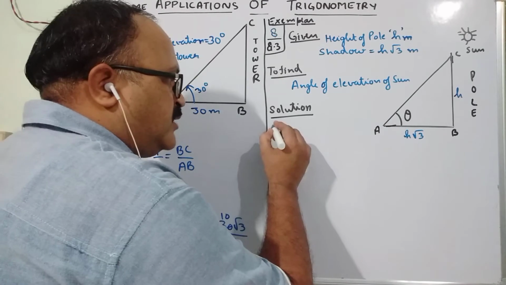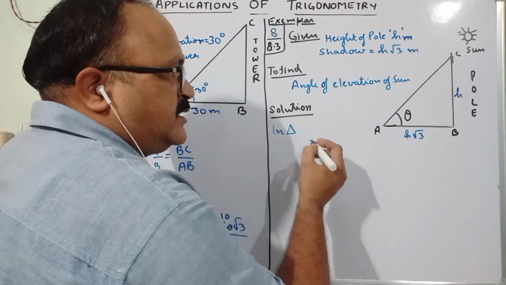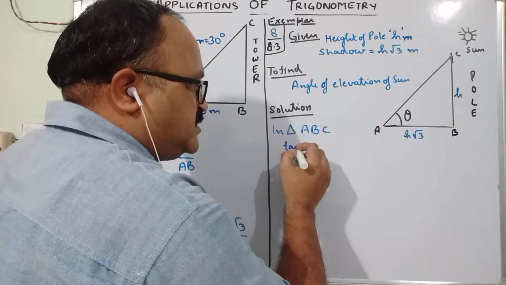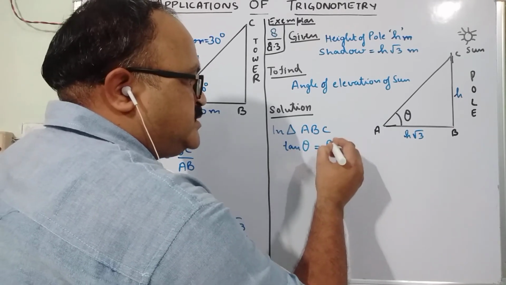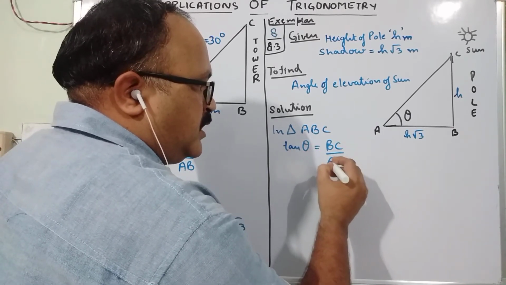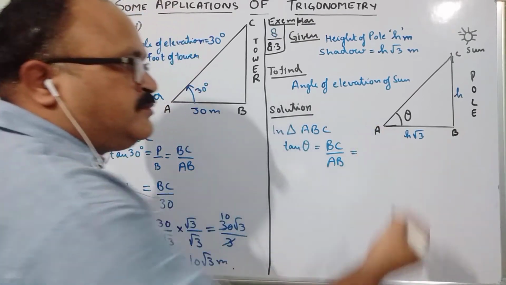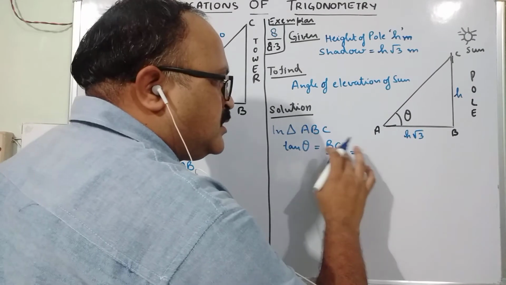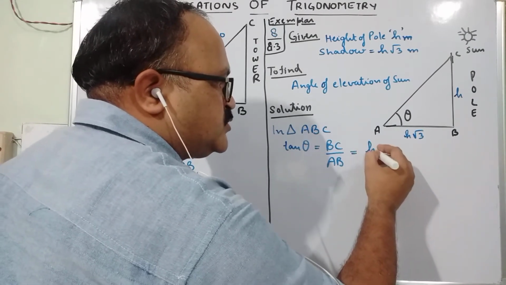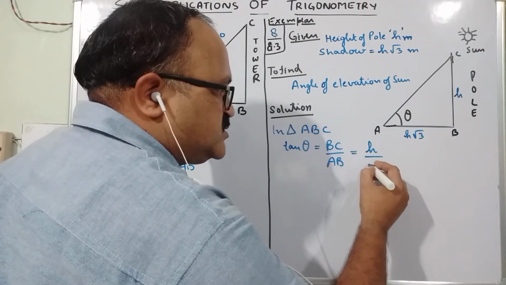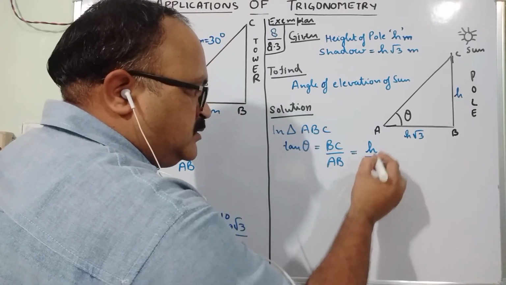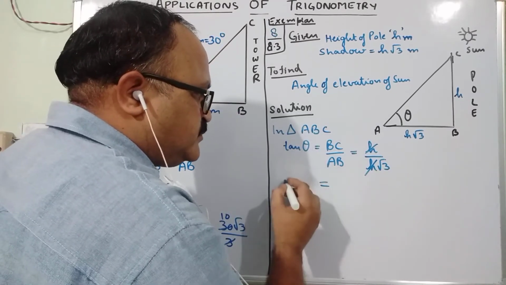Now, again, in triangle ABC, tan theta is BC upon AB, perpendicular upon base. BC is given in the question as h, and AB is h root 3. Both h will get cancelled out.